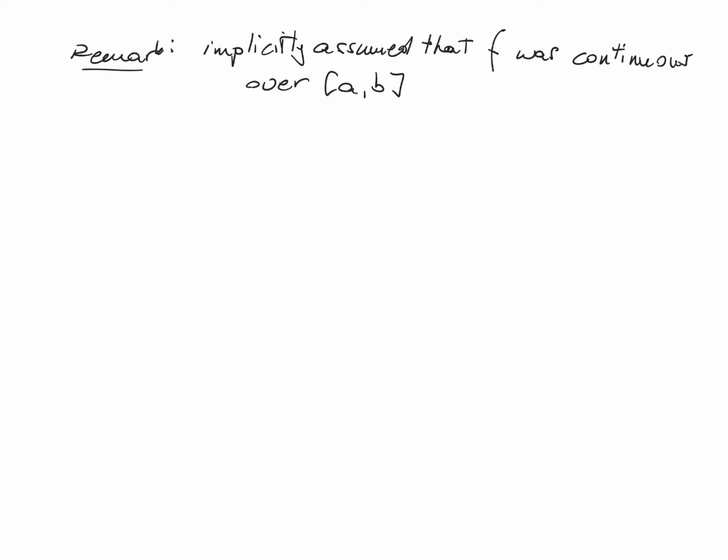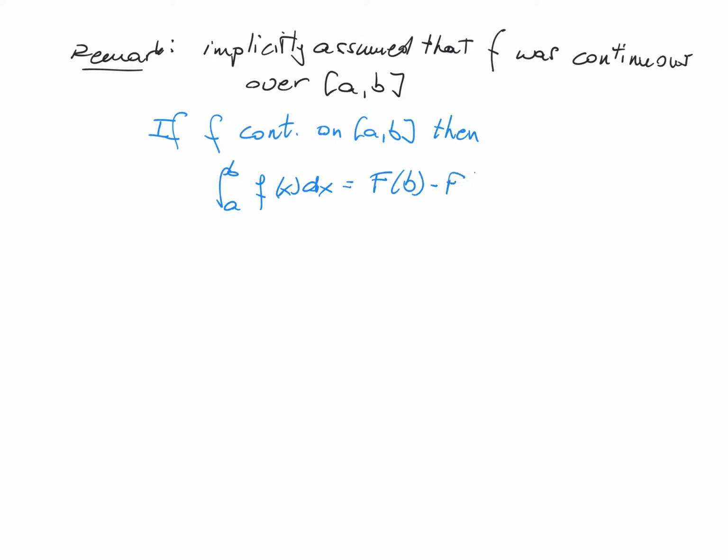So actually what we would have had to say, so what was the correct way of defining a definite integral, would be that if f is continuous on the interval ab, then the integral between a and b f of x dx is the antiderivative in b minus an antiderivative in a.